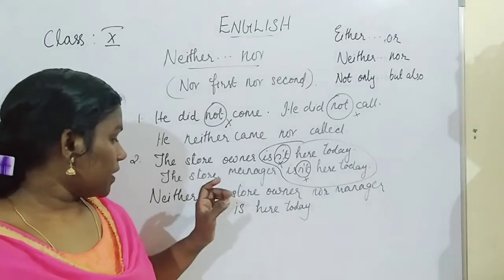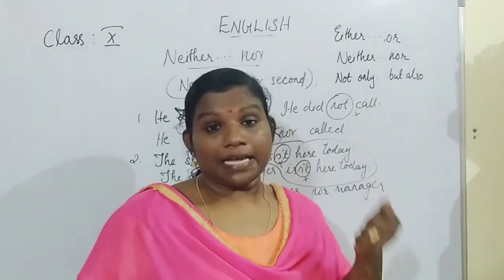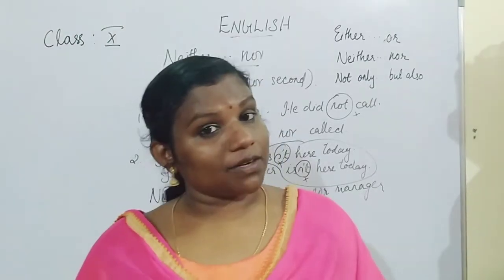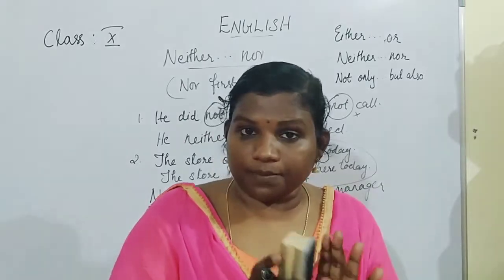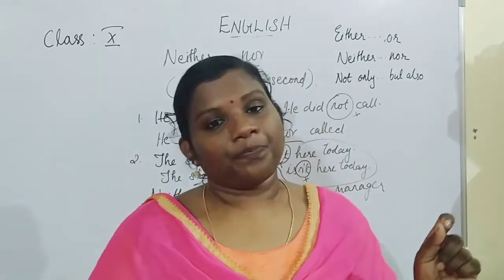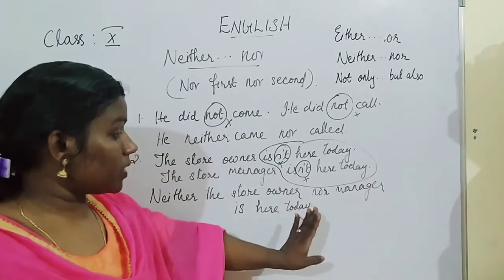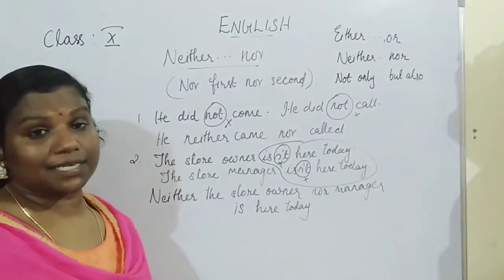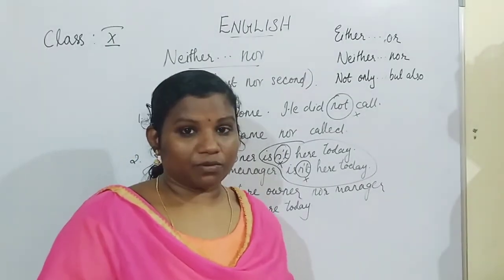So when we are combining two subjects, or when we are using neither nor, either or in one sentence, we have to see the closest subject. According to that only we can write this verb. Neither the store owner nor the manager is here today. Okay students, you got it?